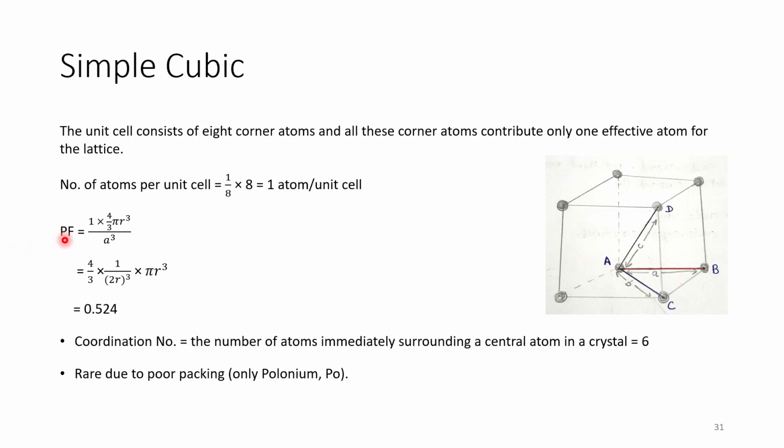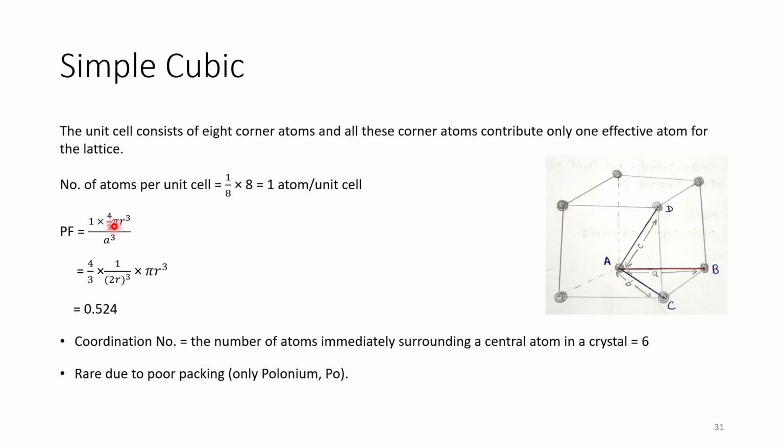And packing fraction you can calculate by the volume of the atoms divided by the volume of your entire unit cell. The unit cell is cubic and the lattice parameter is a, so it will be a cubed. And your volume of atoms, you can get by multiplying the effective number of atoms times the volume of a sphere.